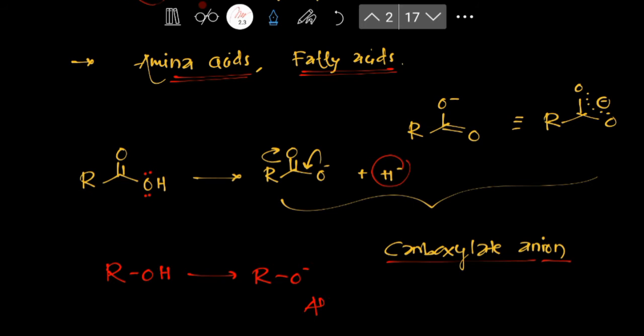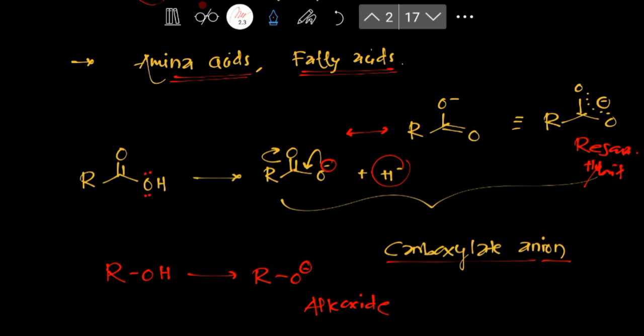This is the structure of alkoxide, where the oxygen is directly bonded with an sp3 hybridized carbon, while in the case of the carboxylate ion, the negative charge is on oxygen bonded with an sp2 hybridized carbon. So this carboxylate ion has resonance, and due to that resonance it is more stable. This is called a resonance hybrid of your compound.